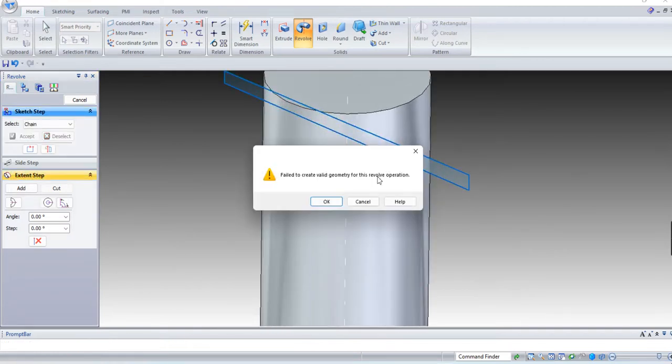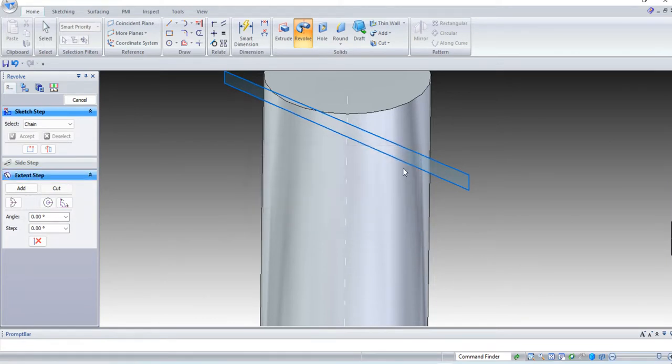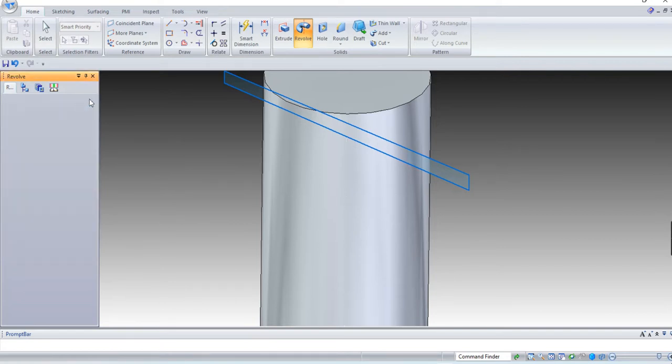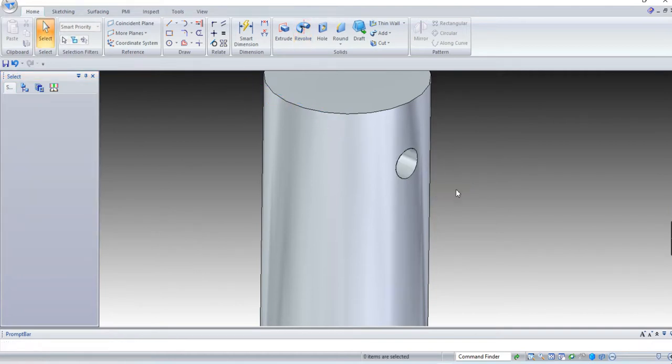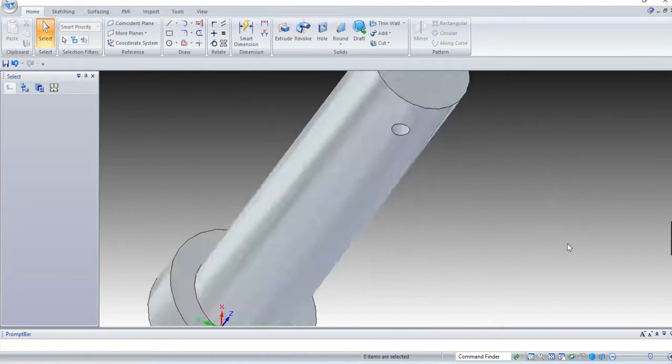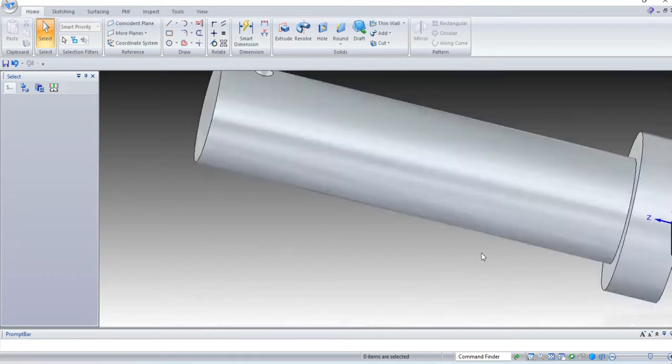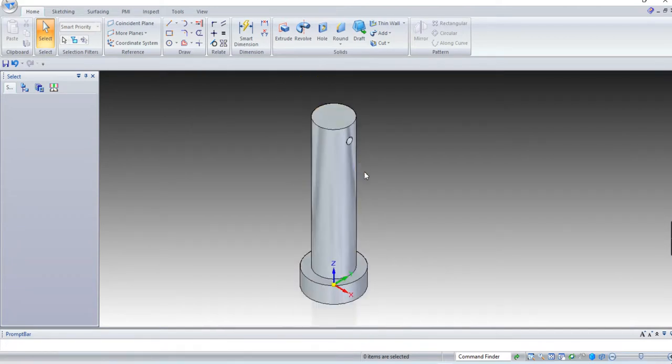Select this baseline. Okay, so this is the pin.